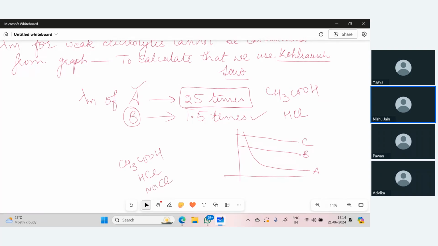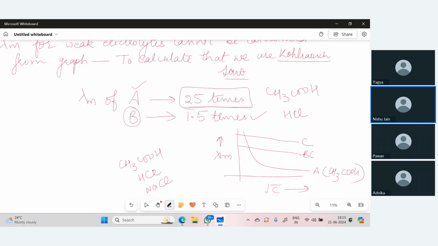Now tell me which one is acetic acid, which one is HCl, and which one is NaCl? A would be CH3COOH, and then B would be HCl and C would be NaCl.